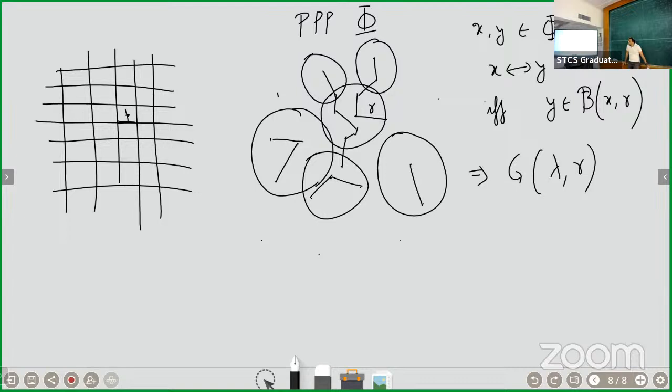Exactly. So can you give me a condition under which there will be no percolation, given whatever we have studied so far in the course? No, that is too strong. We should be able to say something even better.